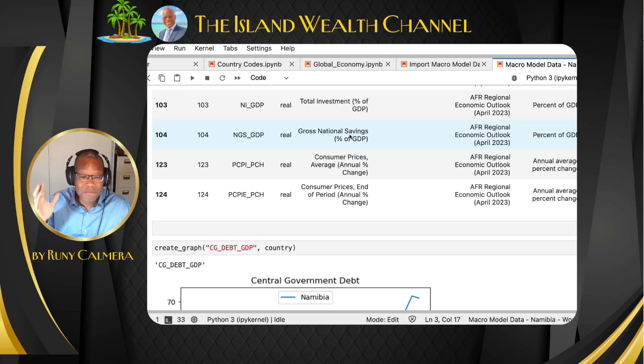They are consuming more than their income. They have an income of, say, $5,000 or $3,000 like Haiti, but their consumption is like $10,000. So they are not saving, they have negative savings. That's debt.